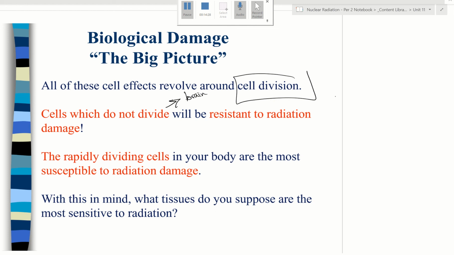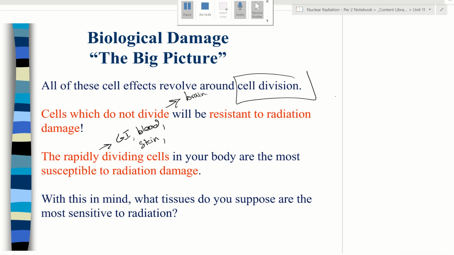They're very resistant to radiation, whereas rapidly dividing cells, like in your GI tract, your blood, your skin, those are probably the 3 biggest. Those rapidly dividing cells are very susceptible to radiation.